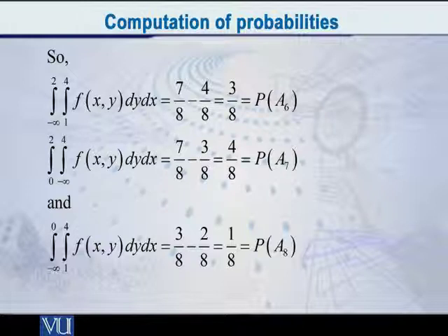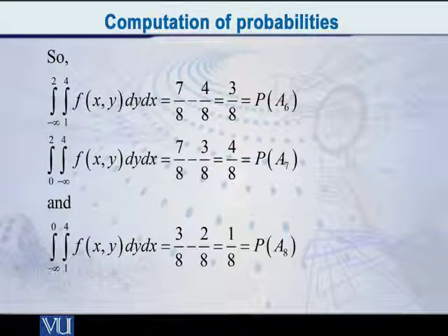And I can, because of the previous equations, I can see that this probability is equal to 7 by 8 minus 4 by 8 is equal to 3 by 8. यानी वो जो मैं पहले कह ही चुकी हूँ, अब मैं उसको explicitly आपके सामने रख रही हूँ. ये आपकी आ गई probability of A6, यानी इस particular event को हम A6 कह देते हैं.